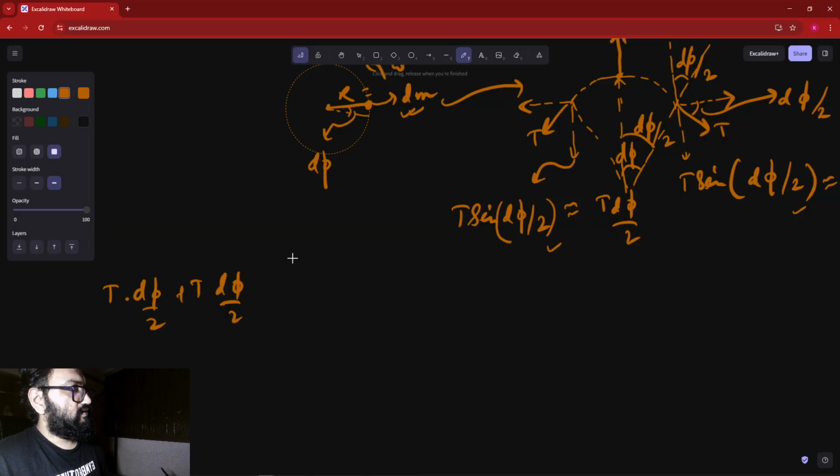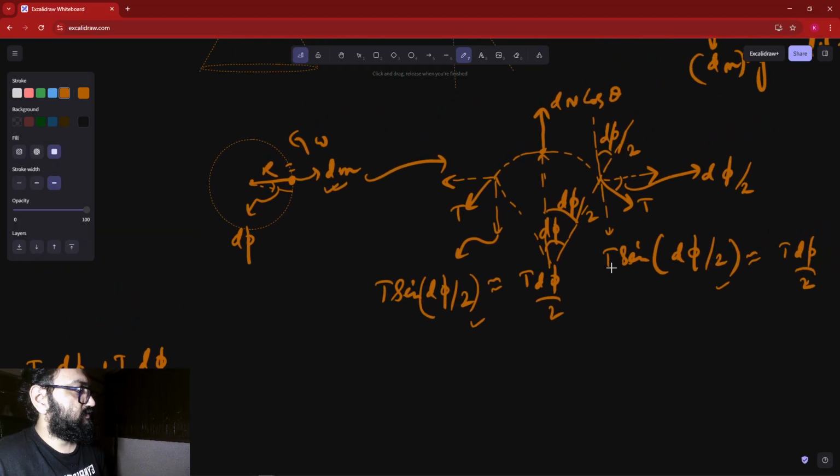There is a component of dn acting in the horizontal direction but in the opposite direction, radially outwards basically. So I'll put in a minus sign, dn cos theta.